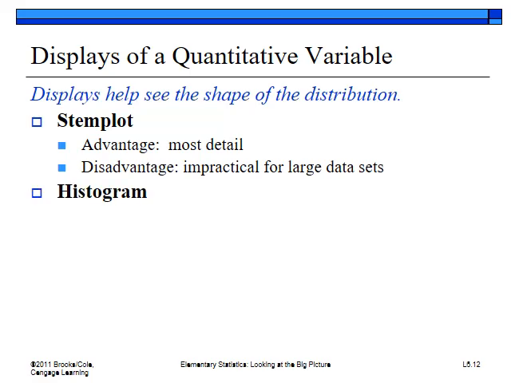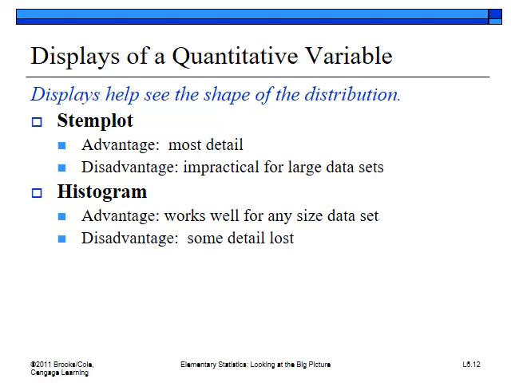The second method is a histogram, which is most like what we saw on the previous slides. Histograms look a whole lot like bar charts, and we'll talk about how to create them soon. The advantage of a histogram is that it'll work for any size data set. But the disadvantage is that we lose some of the detail that we would have had with a stem plot.